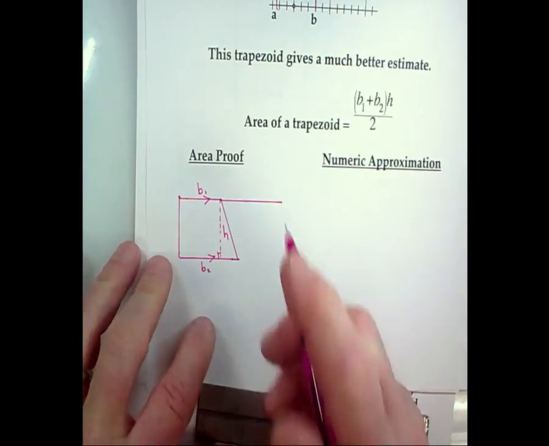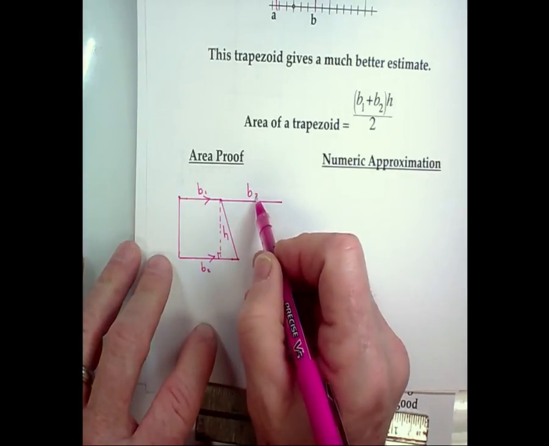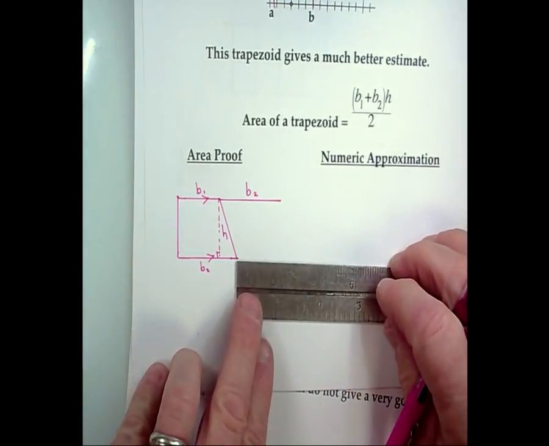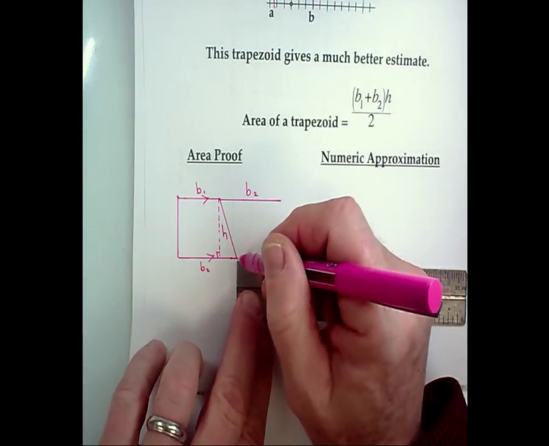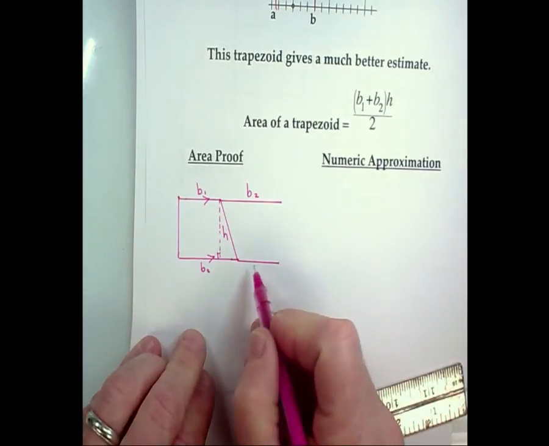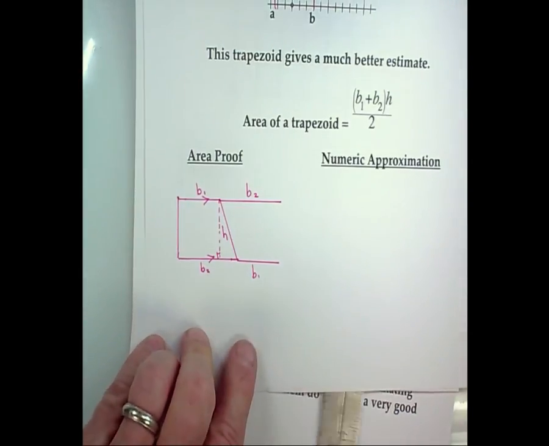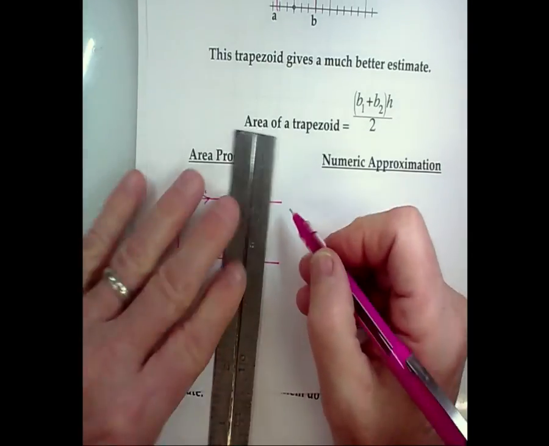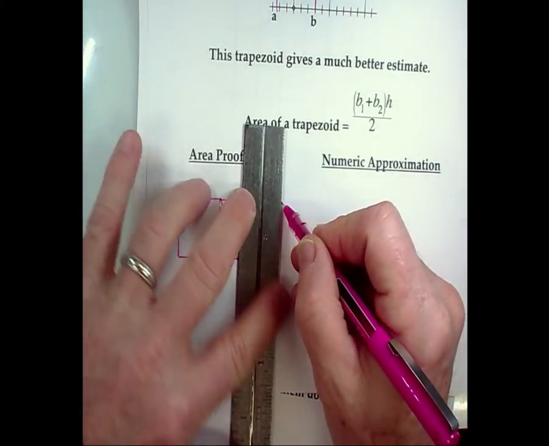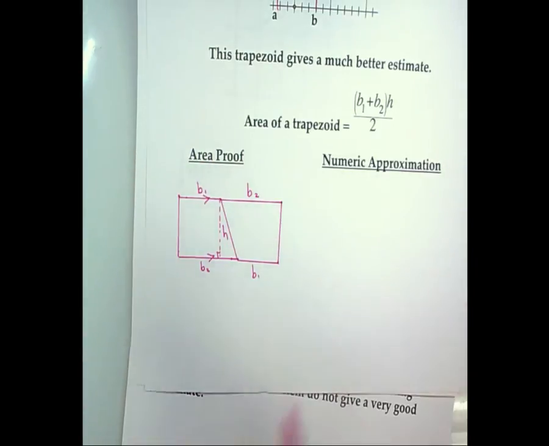So in other words, this distance is B2, and this distance is B1. So it's the same trapezoid, just flipped and slid over.